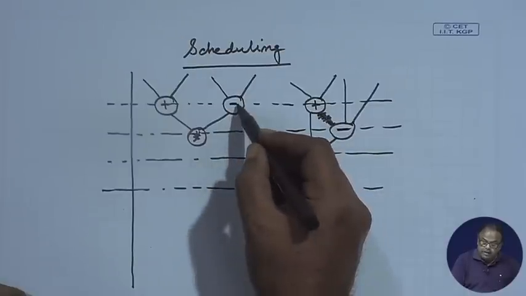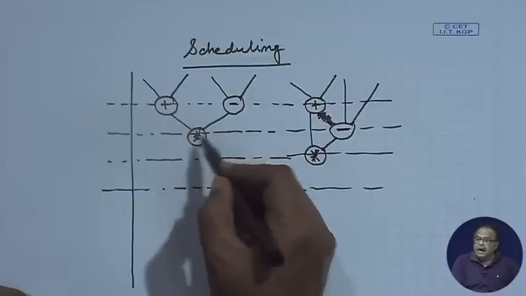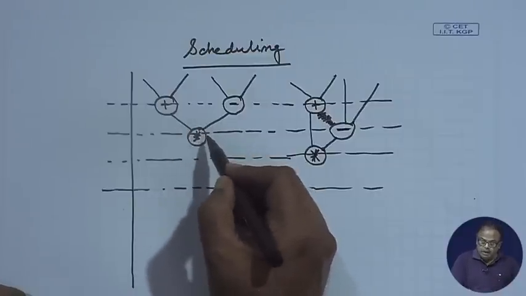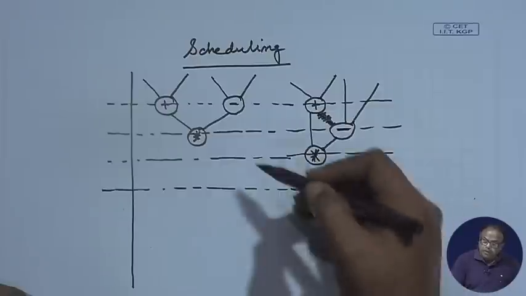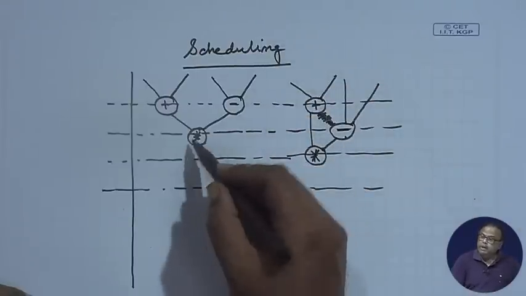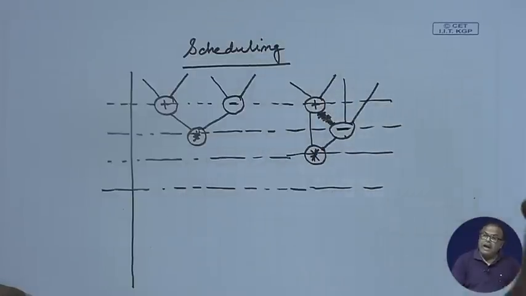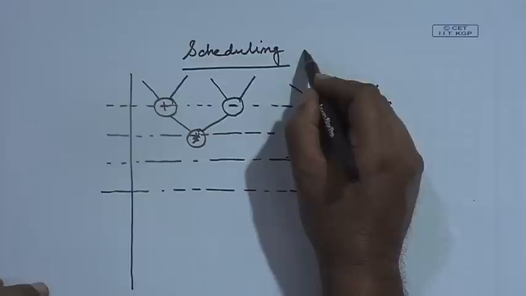Obviously, if I delay this, then this will also be delayed because of this dependency. Had this dependency not been there, then probably I could have completed the thing earlier, that I do the subtraction here and the multiplication in the same step, right. So, this is allocating the operations to the control steps, that is known as scheduling.